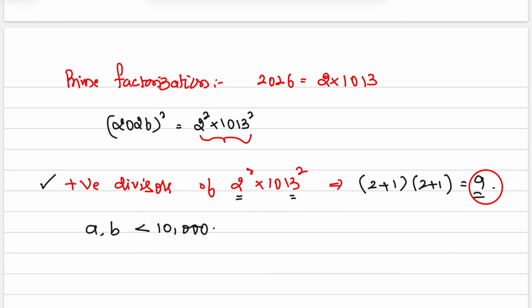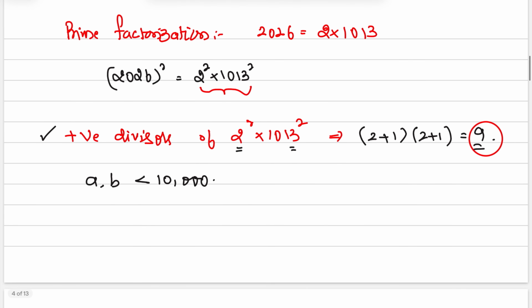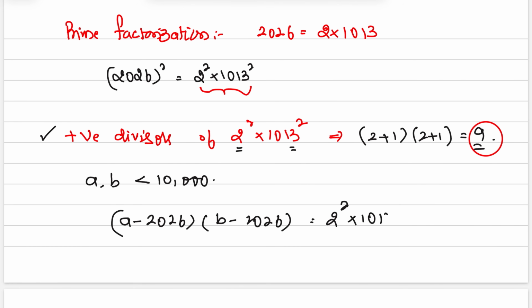Limit, the values are limited. That means (A minus 2026) into (B minus 2026) is equal to 2 squared into 1013 whole squared, which has 9 divisors. This is what till now we have got.